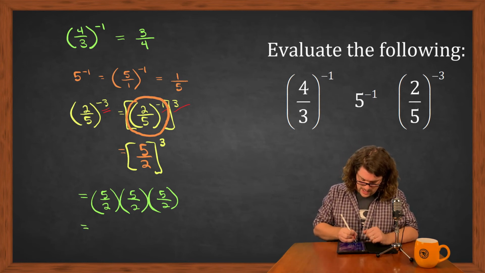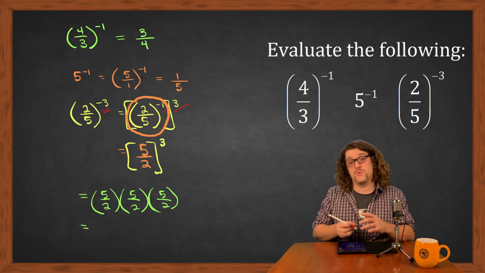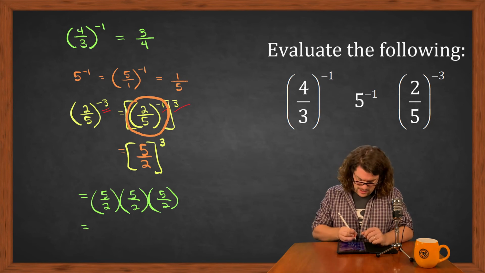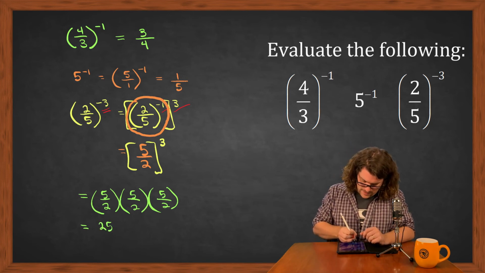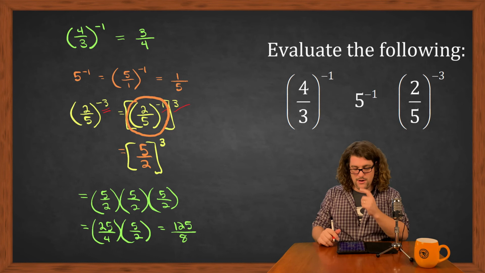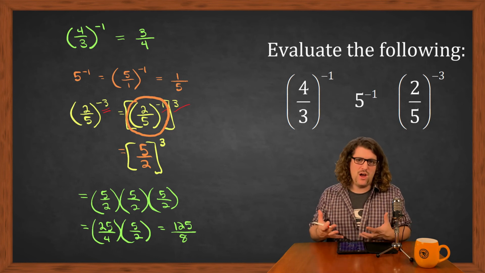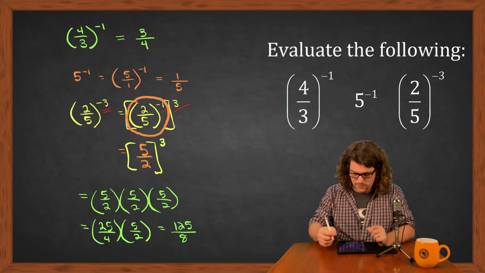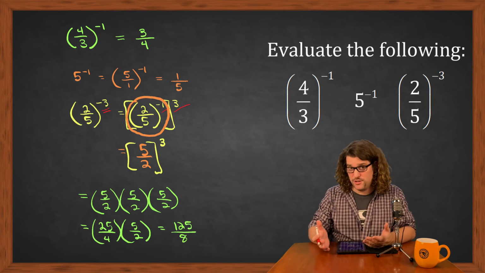Really taking our time, because when you're multiplying fractions, you multiply your numerators together, you multiply your denominators together. So I'm just going to do the first two actually. 5 times 5 is 25, and 2 times 2 is 4. And that's our answer for the first part. I still have a 5 halves kicking around at the end. If I multiply those ones together, I get 125 in the numerator, and we get 8 in the denominator, which is an alternate expression, I guess you could say, my evaluation, if you wish, of what the original expression was.